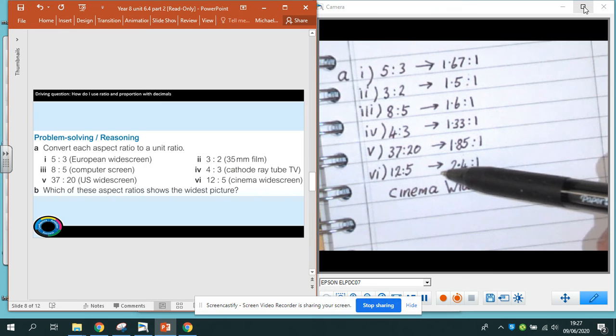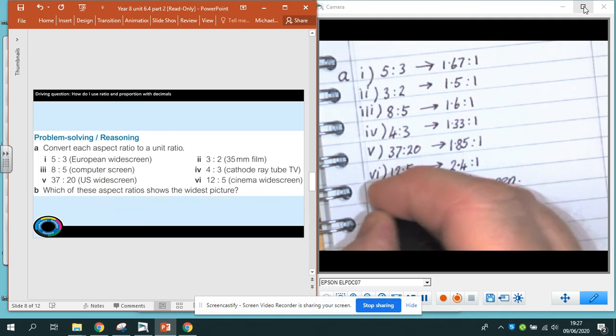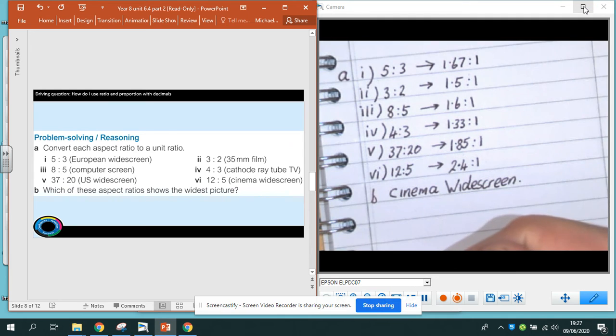And 12 to 5 gives us 2.4 to 1. So the widest screen on view would be the cinema widescreen. So if you had 6 screens all the same height, cinema widescreen would have the widest view. If you need to write any corrections, pause the lesson now and catch up when you're ready.